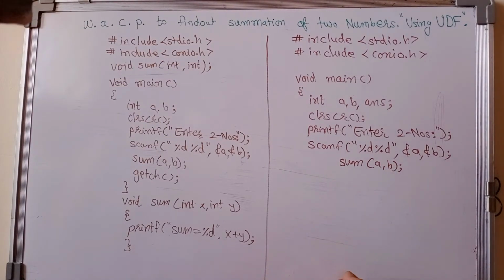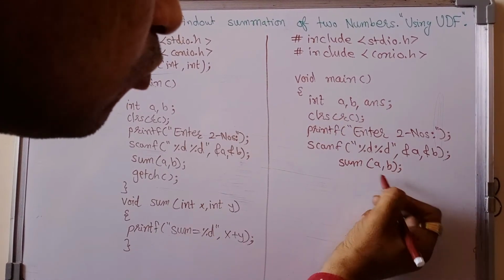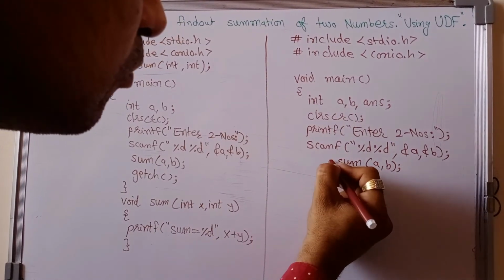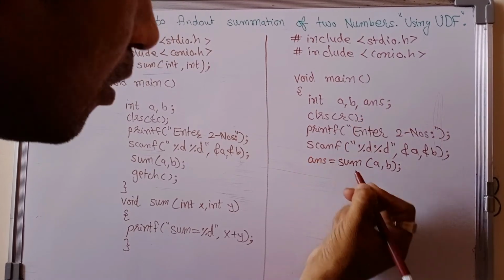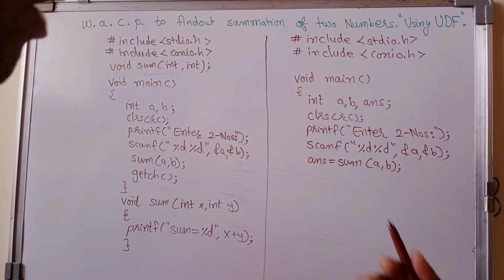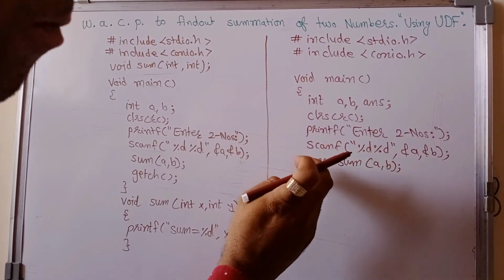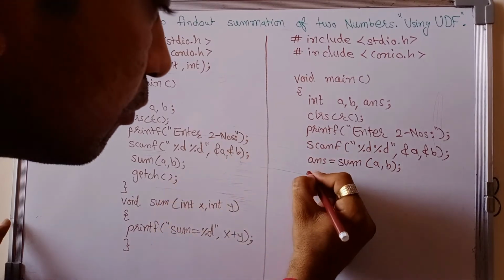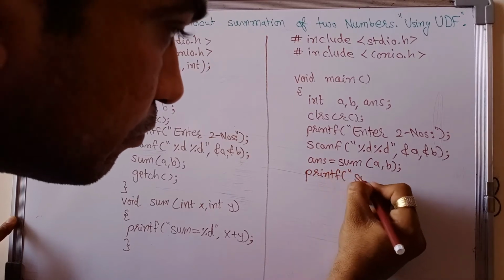That answer will be replaced at the place of the function call and needs to be stored in some variable, so I have used the ans variable. Once the body is executed, the answer will be returned back to the ans variable. So I need to print that answer from void main.